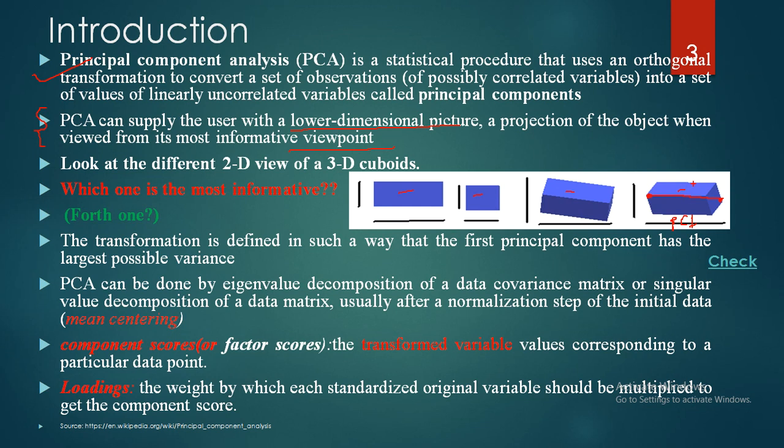Now another question is, what is the next maximum length vector accommodated in the object which is perpendicular to PC1 and captures maximum information? That may be the vector joining another two diagonally opposite points. This is perpendicular to the first principal component and it captures the maximum variance in the remaining information. So that is why it is called principal component 2.